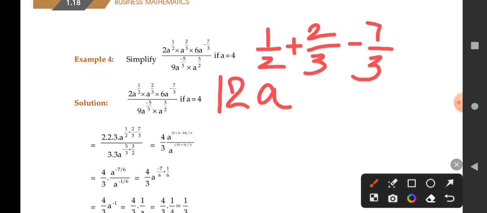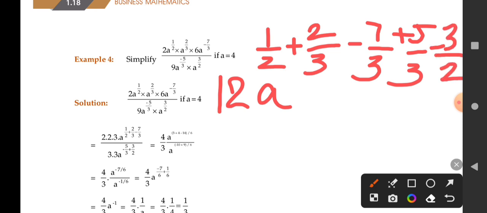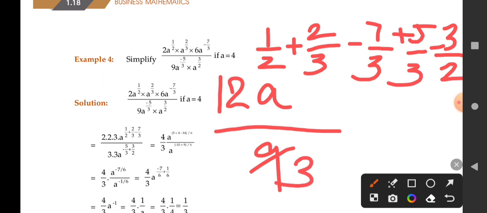The denominator negative will become plus in the numerator, plus 5 by 3 and minus 3 divided by 2, whole divided by 9.